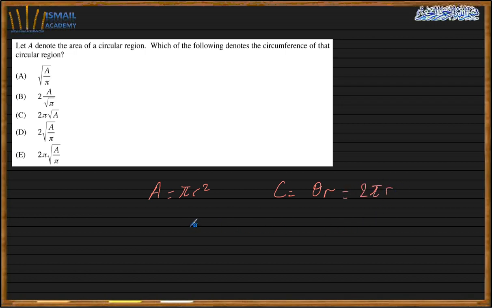Now I'm looking for the circumference in terms of area. If I divide here by r, I get A over r equals pi r, then I need to multiply by 2. So 2A over r equals 2 pi r, which is the circumference. So the circumference is 2A over r.